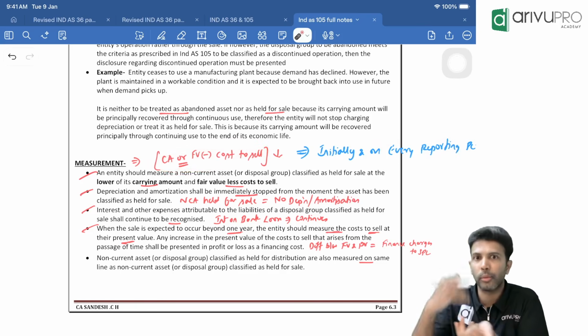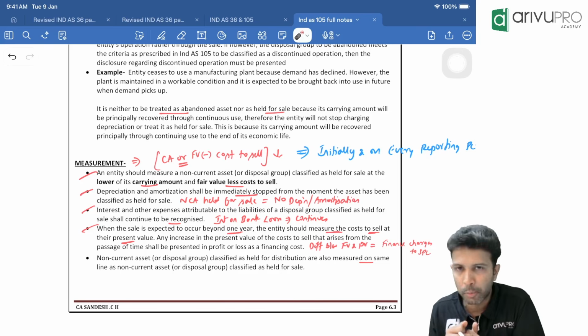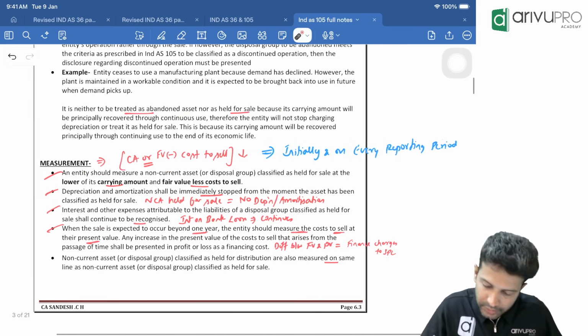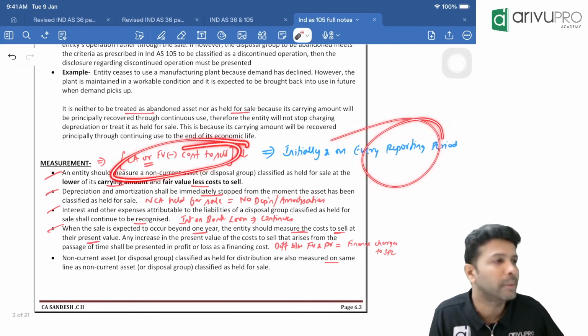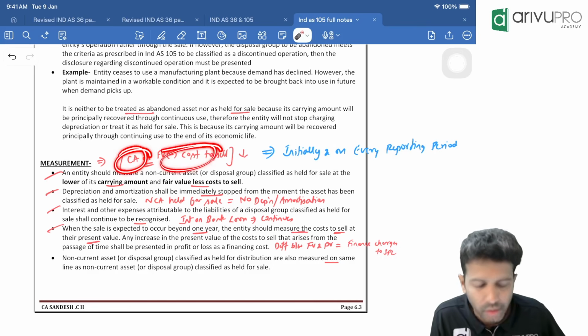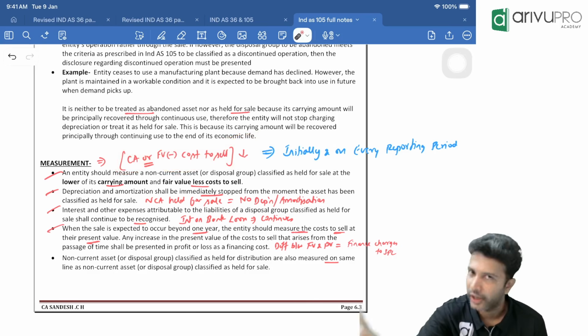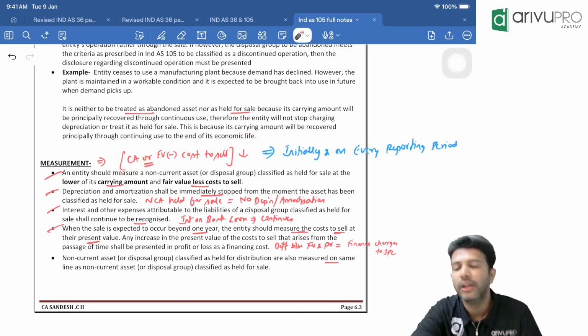A reporting period could be on an annual basis, or if the company is following a quarterly or half-yearly reporting period, that is also fine. At every reporting period, you will do the same measurement, like your biological assets. But here the measurement is carrying amount or fair value less cost to sell, whichever is lower. That is point number 1. These are some measurement pointers.